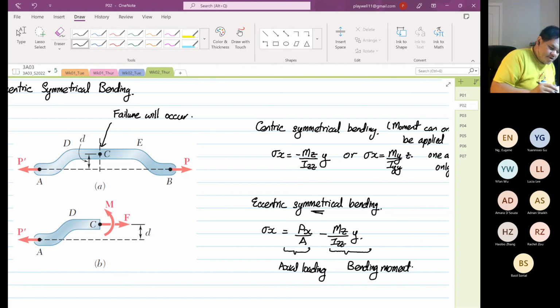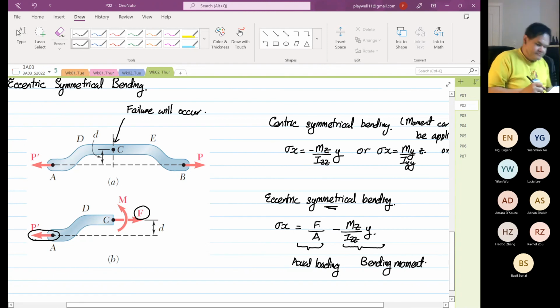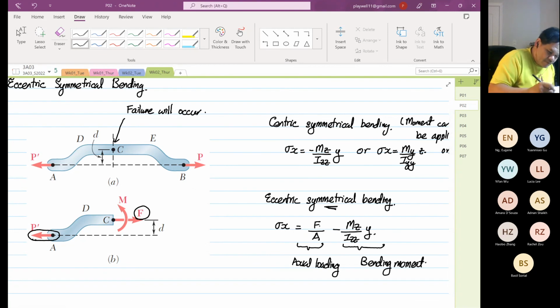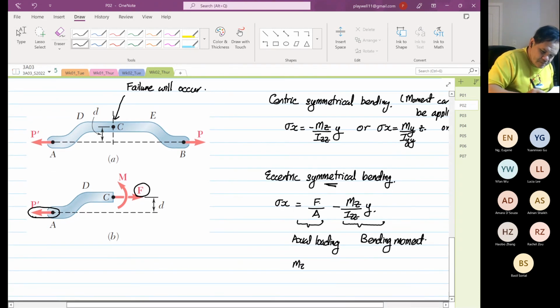So for this case, you can see that failure will occur at point C. You have a force P at point A, and at point C, you have a reaction F. Okay, I do apologize, let me put this as F. And then due to the distance, if we look at the moment, moment in Z is equal to P prime multiplied by D. That's the moment now.